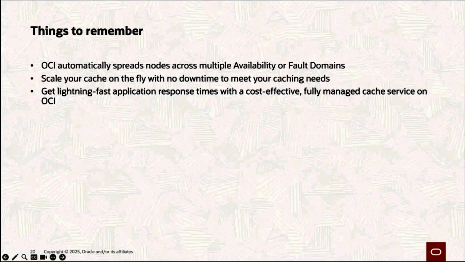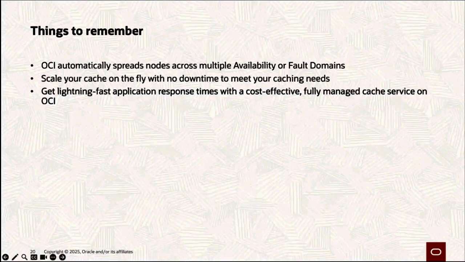Go ahead, Rashmi. Yeah, thank you, Dimitri, and thank you, Katie, for all the information and clarifications. So like Dimitri was mentioning, we are a highly available service, leveraging the multi-AD and multiple fault domains within a region. We scale without any downtime and hence provide lightning fast responses to your end users, making it a better user experience.